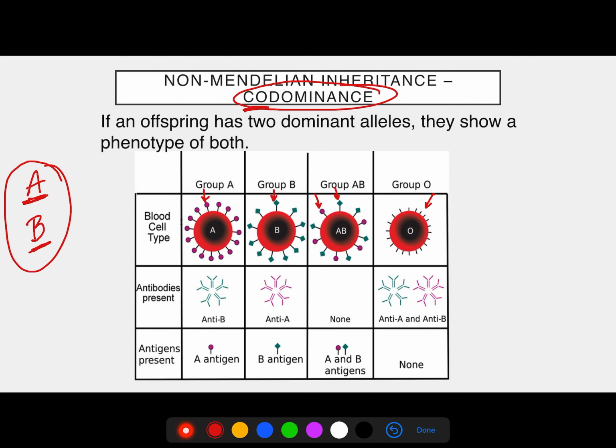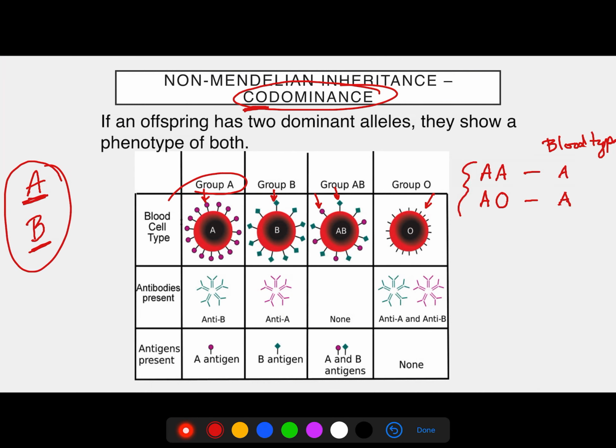A little weirdly, the alternative option is no gene. If you have blood type A, you could have 2 copies of A, which gives you blood type A. But you could also have 1 copy and no copy for the second one. That's still blood type A. So there are 2 genotypes that can give you blood type A.